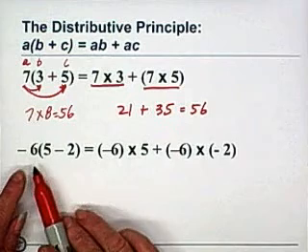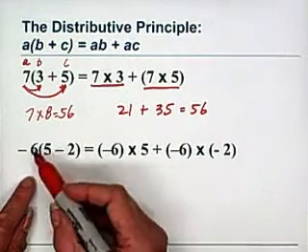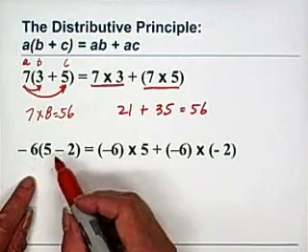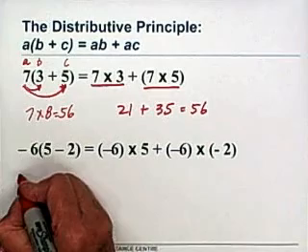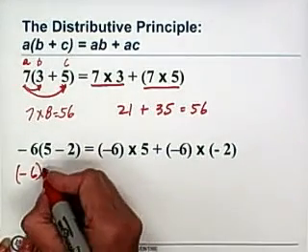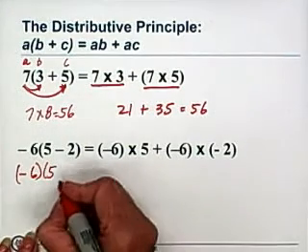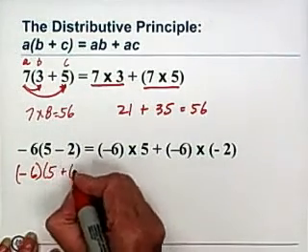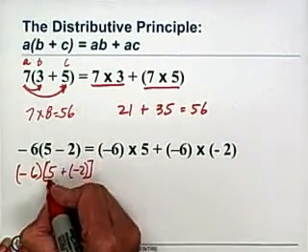Now, let's do the same thing using negatives. So here we have minus 6 times 5 minus 2. So what you do is you rewrite this as a minus 6, so that's our A, times 5, which is our B, plus a minus 2. Let's put this kind of a bracket here.